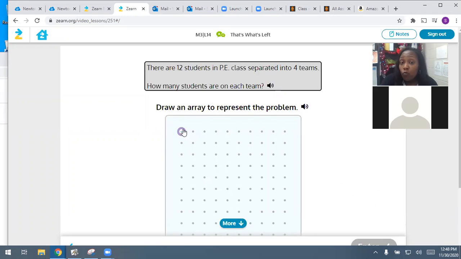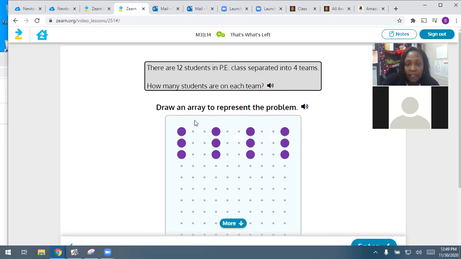I'm going to draw an array. An array is my picture kind of to represent the problem. So now look, I need 4 teams. Let's see. How's it looking? Am I going to have 4 teams? Uh-oh, I want that off. There we go.